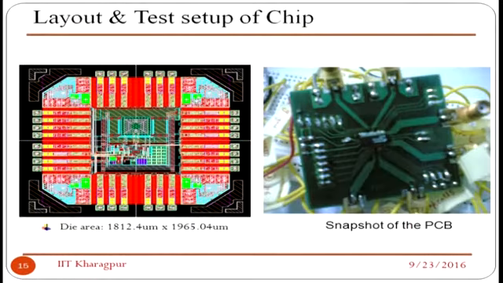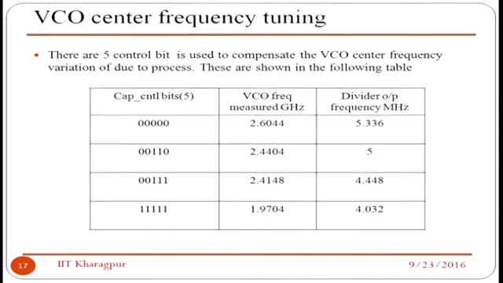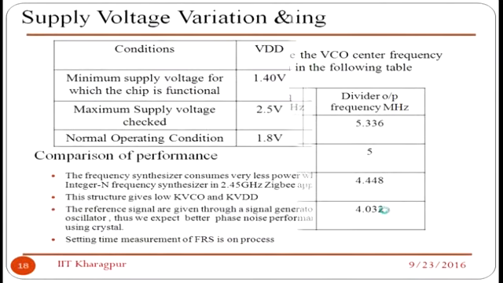This is the first snapshot of the chip, and this is the typical spectrum. Then we make a controllable word to the divider, and see this is the divider ratio, and we find out the reference frequency and so on.